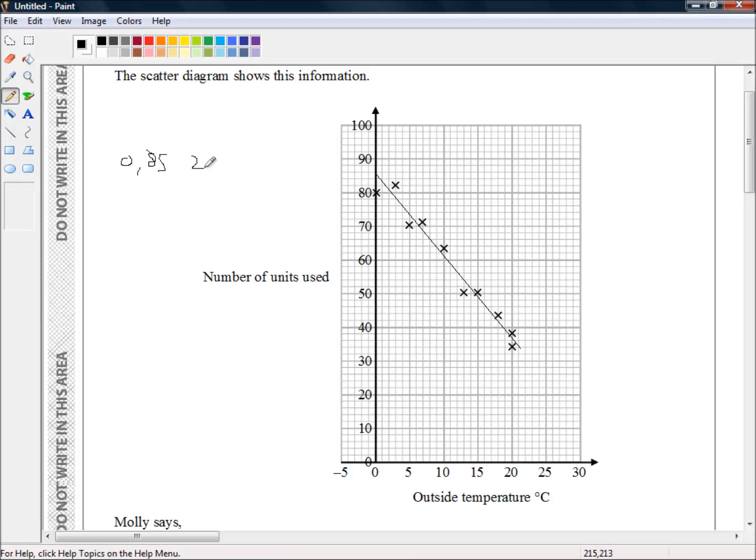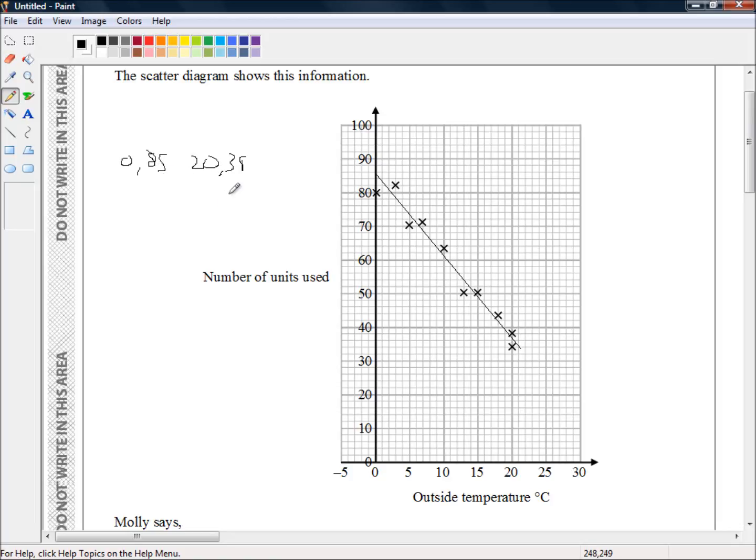So that's 20, 38. What you would do is you would use your ruler or straight edge, and you would look down there, and then you would just simply draw across and see where it intercepts the y-axis. So I'm going to commit to 0, 85 and 20, 38. Your figures might differ a little bit depending on how you eyeballed your line of best fit.